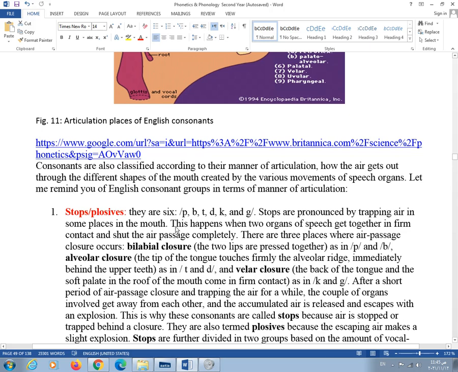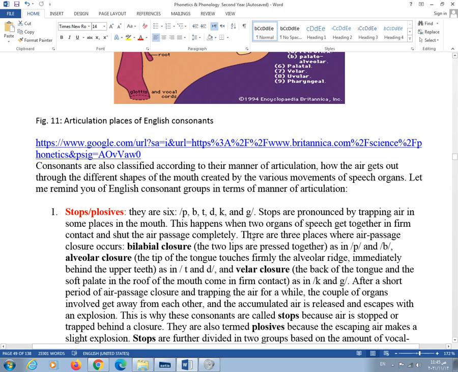First, we start with stop consonants, and there is another term which is plosive, and there are 6, as you see: p, b, t, d, k, and g. When we pronounce stop sounds, air is trapped in many places in the mouth. And then it releases, and when it releases, it releases with explosion.